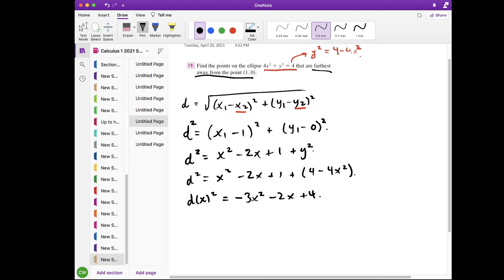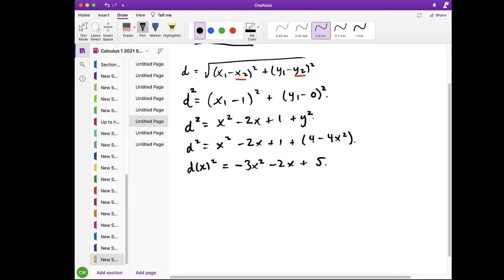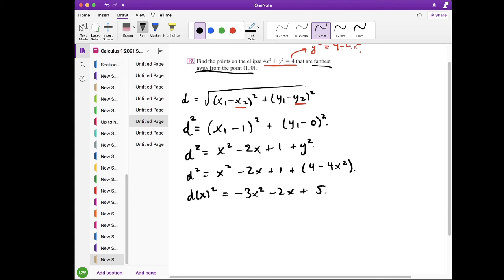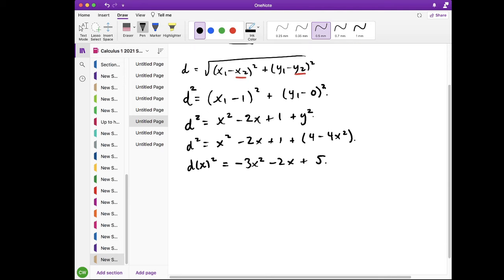Yes, 1 plus 4 is 5. It is not 4. Thank you. Okay, so let's do it. We're trying to find the points. We don't know if it's minimal or maximal yet, but we'll find that out. So let's take the derivative.